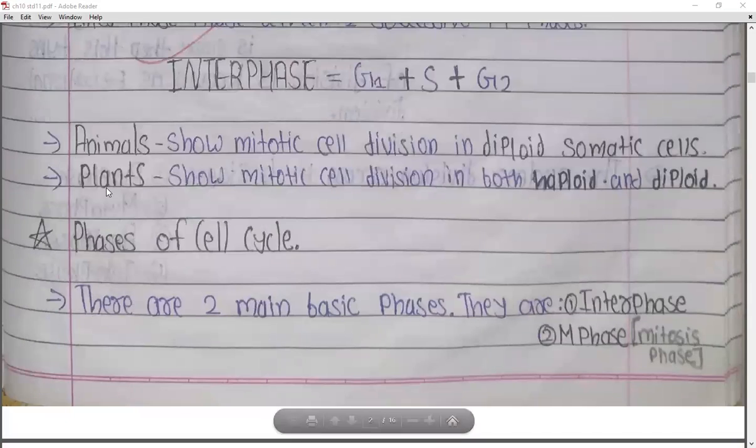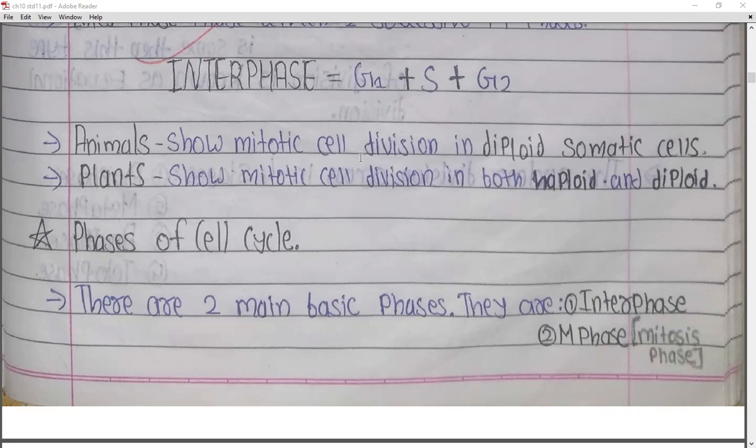Now the animals which show mitotic cell division in diploid somatic cells, right? Mitotic cell division means mitosis is taking place in the diploid somatic cell. Diploid means two sets, and somatic means the vegetative cells, right?